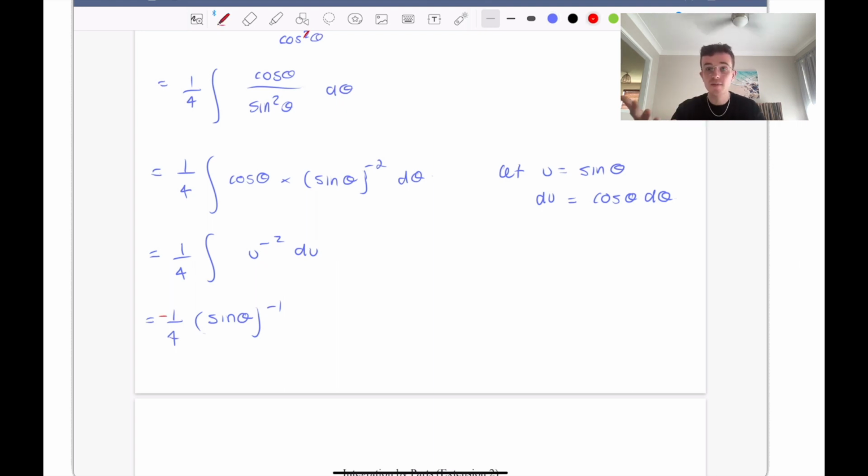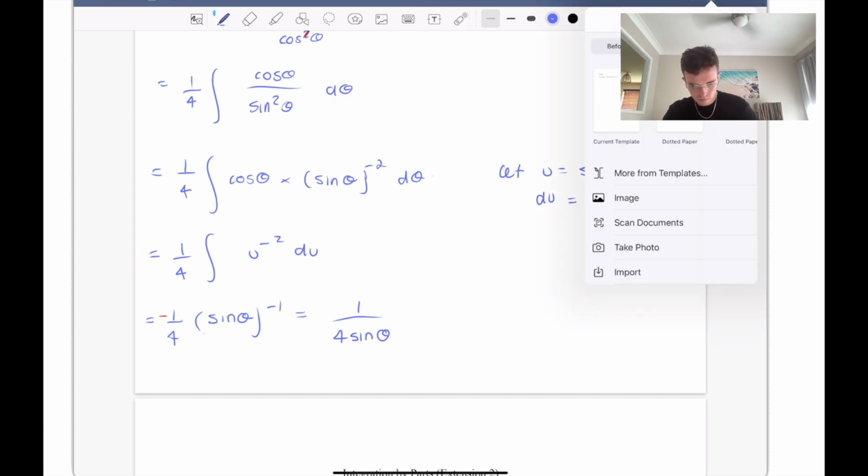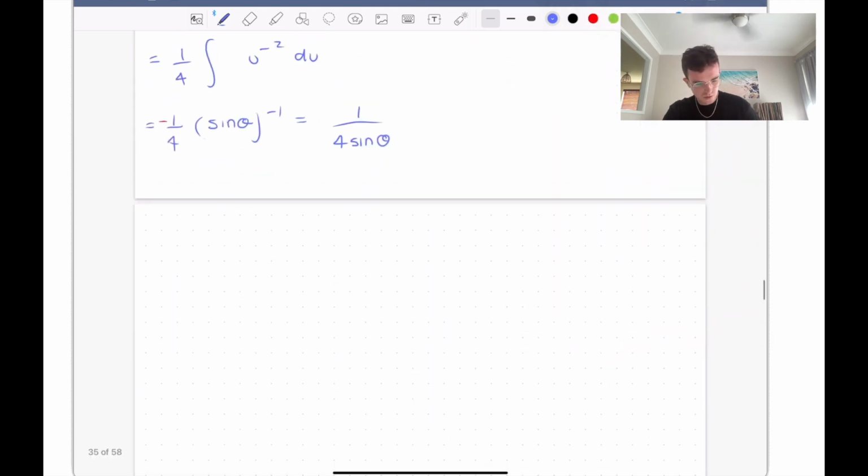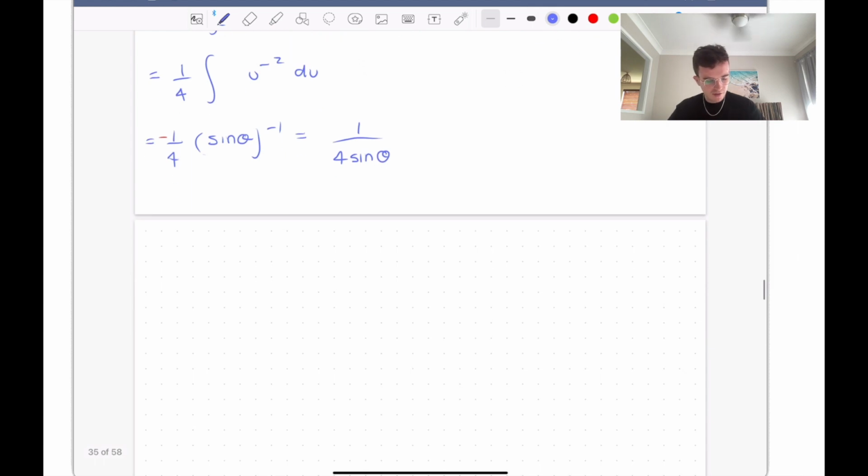So we've added 1 to the power divided by the new power of minus 1. So the answer is minus 1/4 over sine theta. Okay, so we've just discovered that this integral is equal to minus 1/4 over sine of theta.